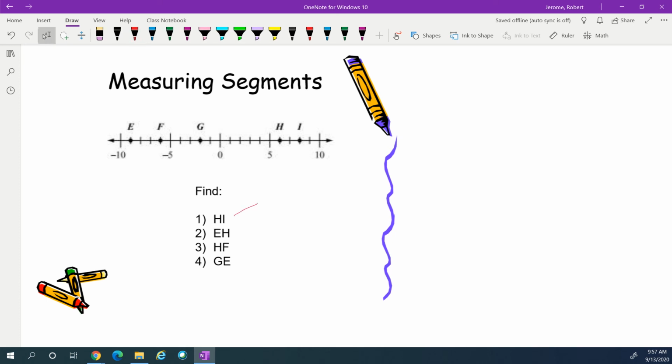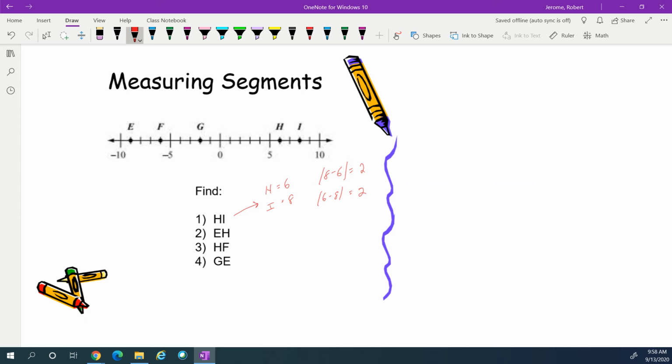In number 1, HI, H is at 6 and I is at 8. We're going to subtract them. So 8 minus 6 absolute value is 2. If we did it the other way, 6 minus 8 absolute value is still 2. So we get the same answer. It does not matter which end we start with. The measurement is the same.